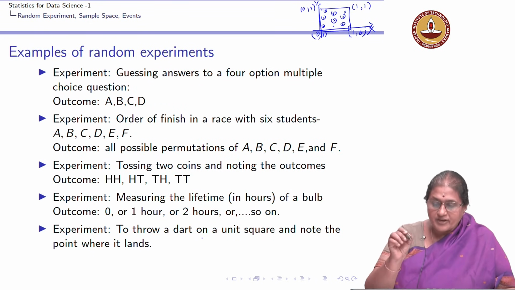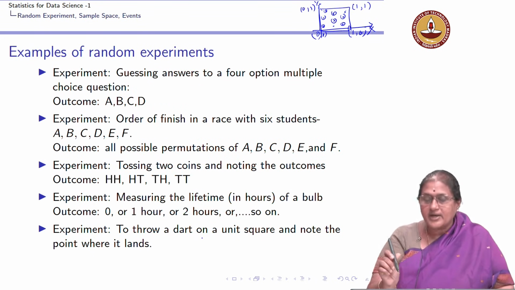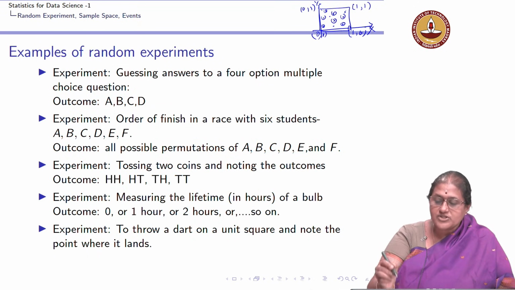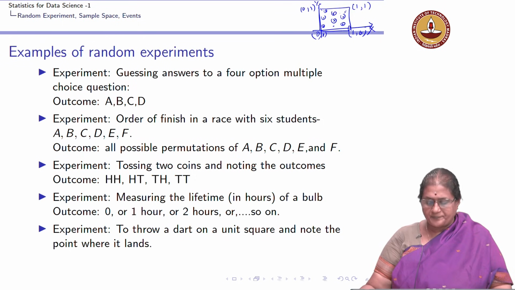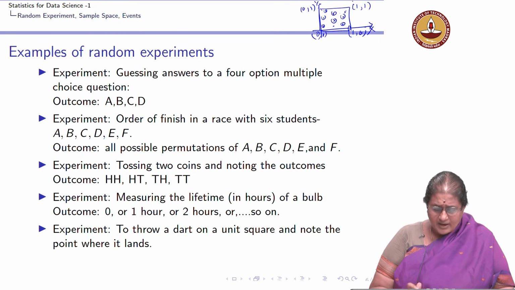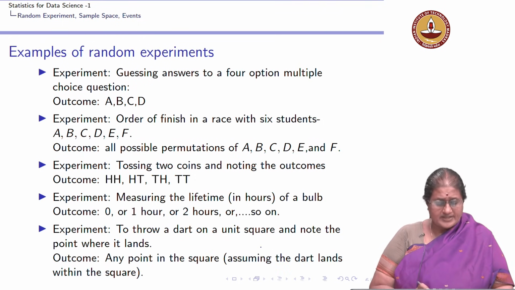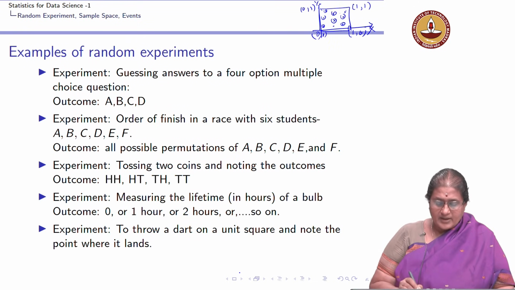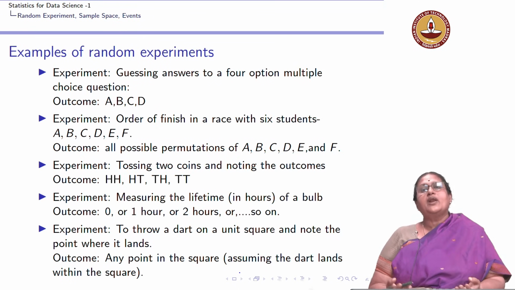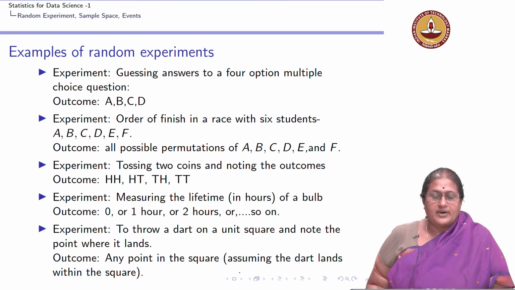If my experiment is to throw a dart, the observation I am going to note down is where it is landing in this unit square. So, that is my observation. Any point in this square is a possible outcome of the random experiment.